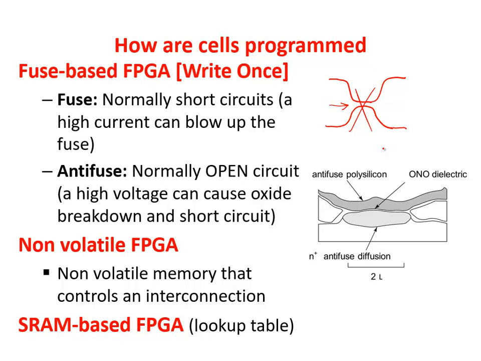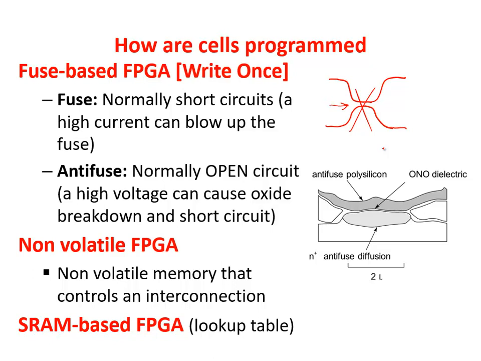But by applying a large voltage between the two conductors, you can break the insulator and then put the two conductors in contact, so that you can program the contact. And of course, this is again not reversible. This is done once forever. You do it at the beginning.